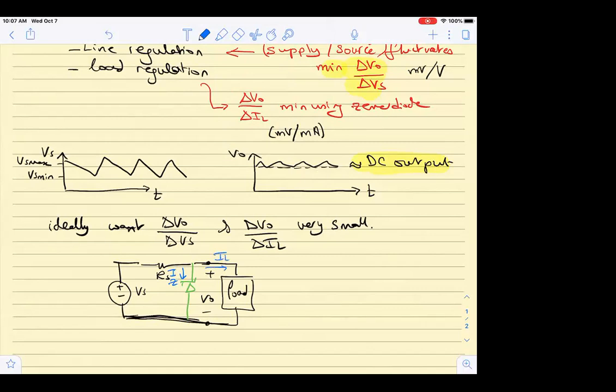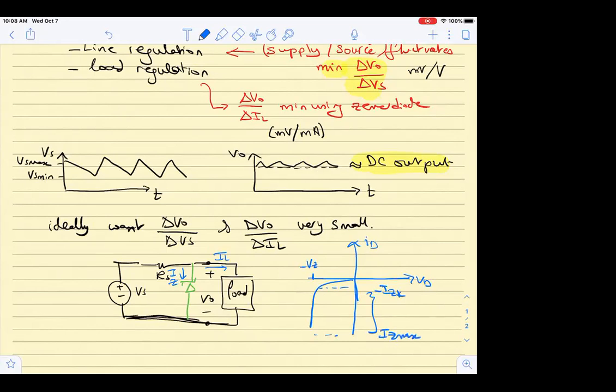And as we explained last time, the Zener operates over a very small voltage range. If I plot VD versus ID for the Zener, it is going to operate around minus VZ, but it will allow me to operate over a range of current from minus IZK all the way up to IZ max.